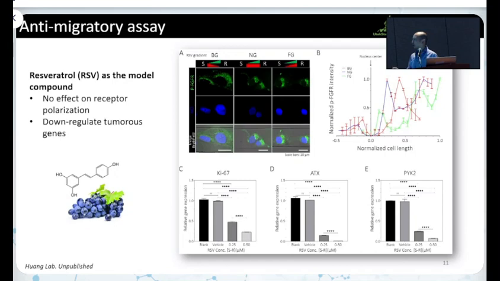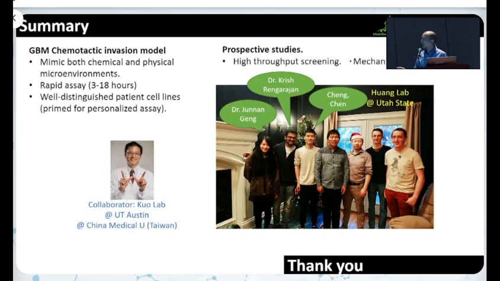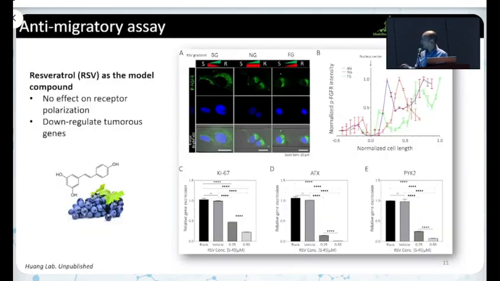On top of that, we add the resveratrol gradient to see any changes. The result is that we still see positive polarization, just like in the positive gradient. That means the resveratrol is not directly inhibiting receptors.